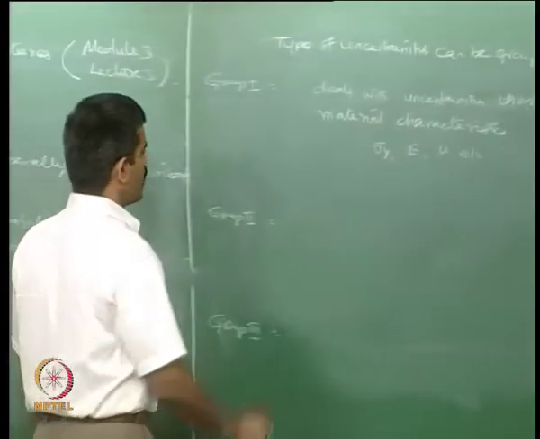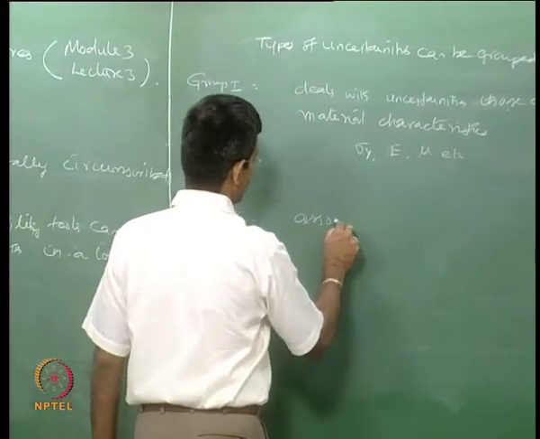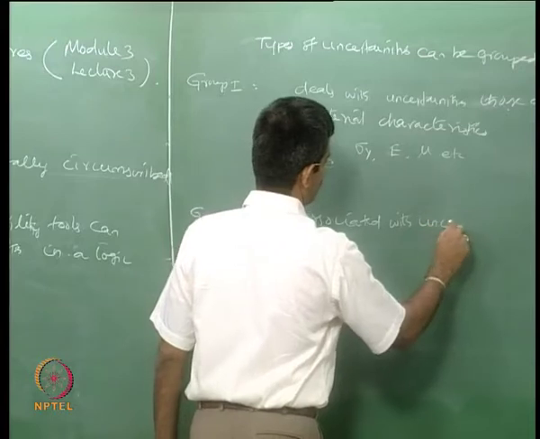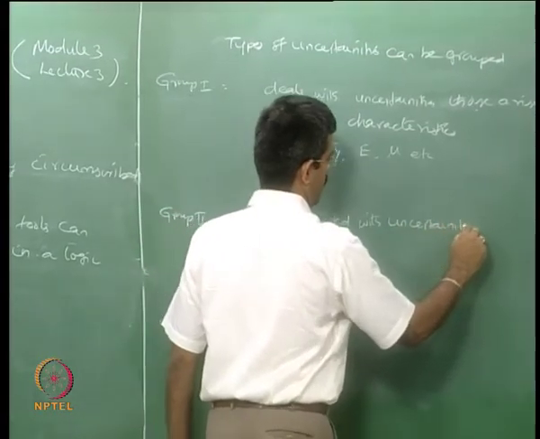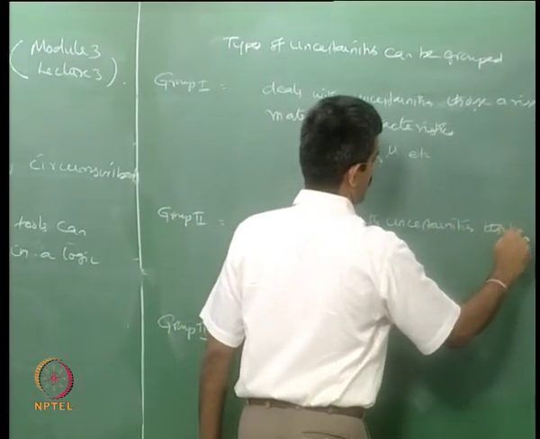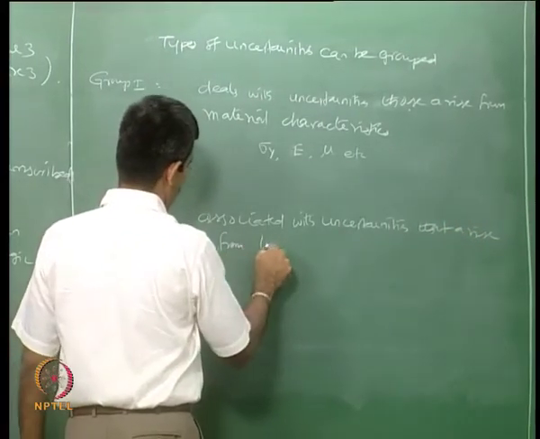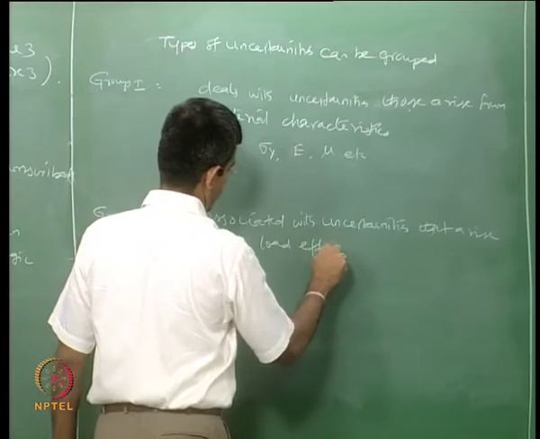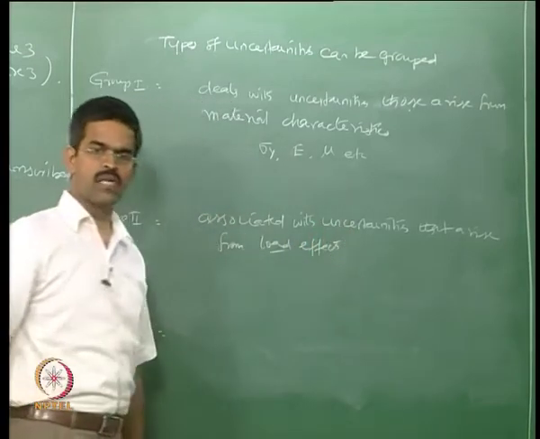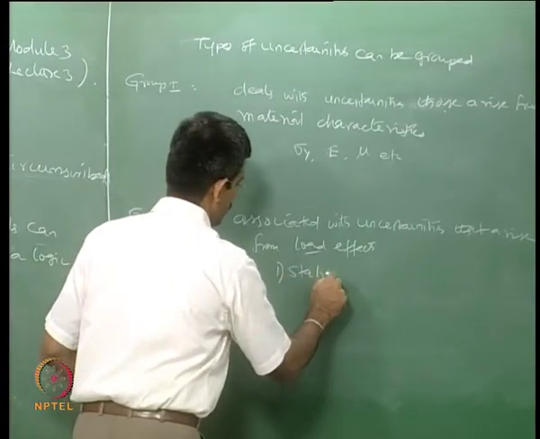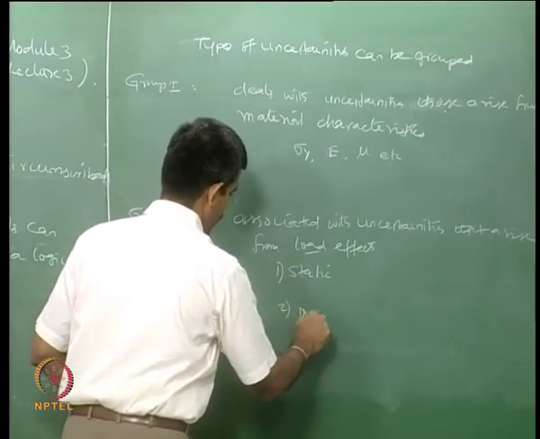The second group is associated with uncertainties that arise from load effects. The moment I say load effects, I have two kinds again. One is static, the other is dynamic.